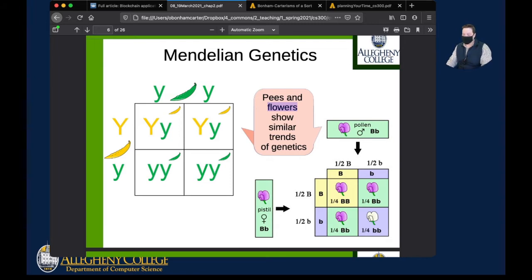And this statistics here helps to explain that, where one parent is big B, little b, where big B is the pink flower and little b is the white, and the other parent is the same makeup. With this Punnett square, you can see that you get these white flowers, which is unusual because you don't see white in the parents. And so that suggests that the white gene was always there, but it just wasn't being expressed.